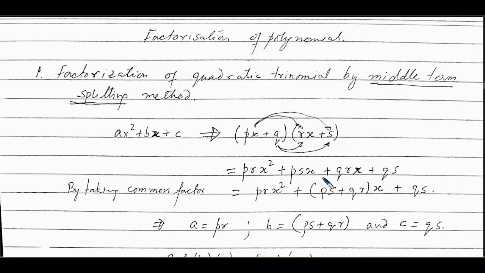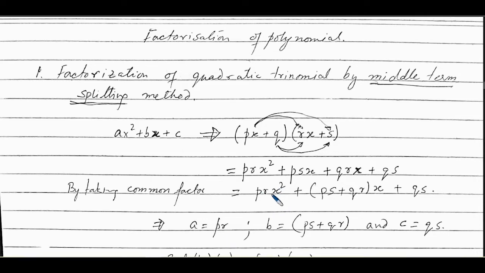So this is what I have done here. px into rx is pr x square. So you follow as I have marked here, and then you can write these two terms as ps, x is common here, so I write x outside, and this qs, and I can call this pr.